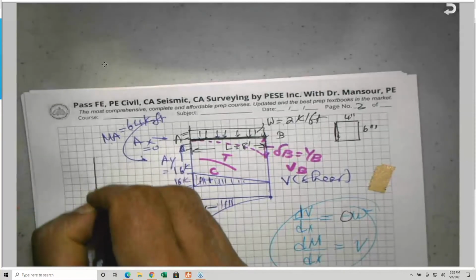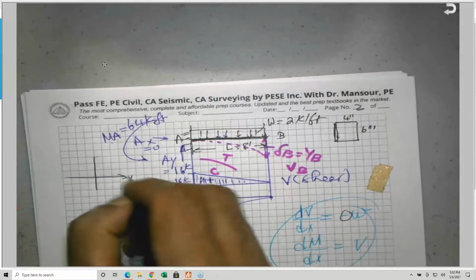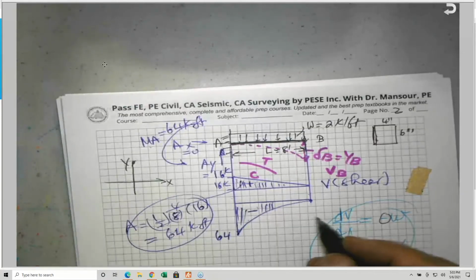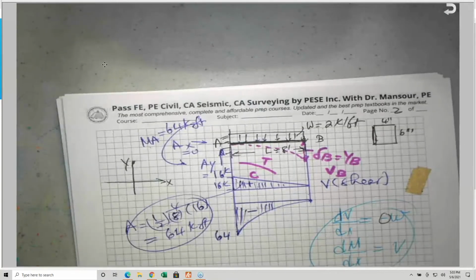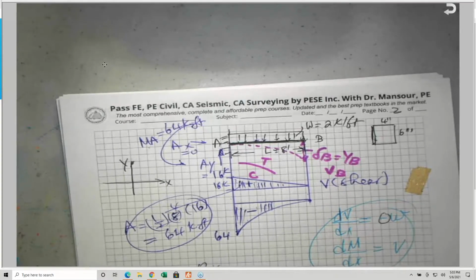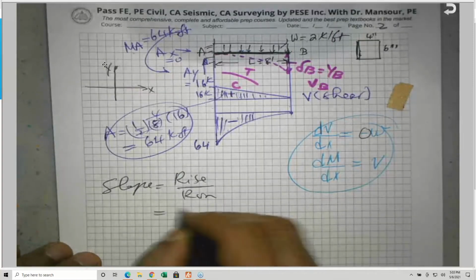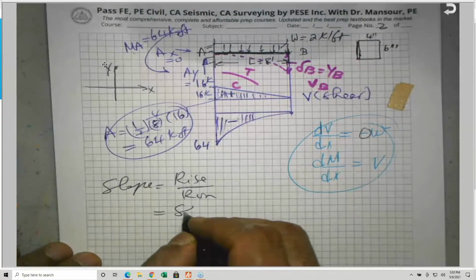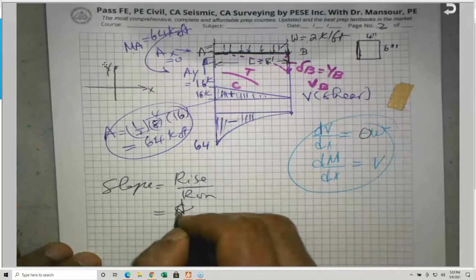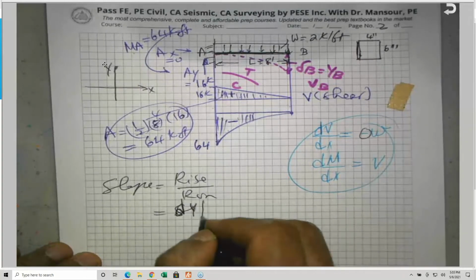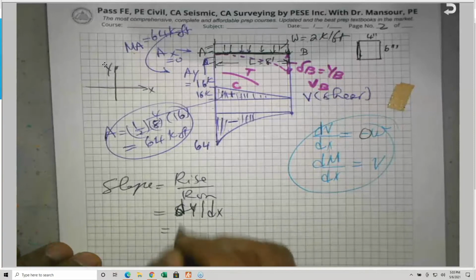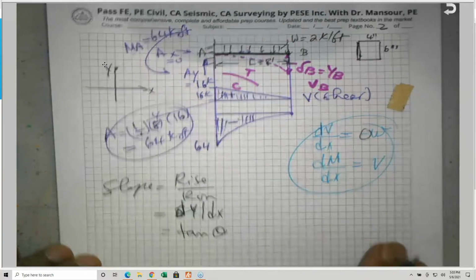Let me remind you. This is x and this is y. What is the slope? We know it, a slope is a rise over run. Let me just move my camera here. Or it is simply dy by dx, or another way is tangent theta, where theta is the angle.